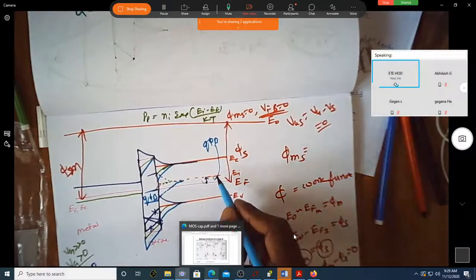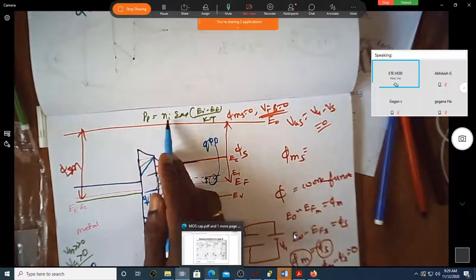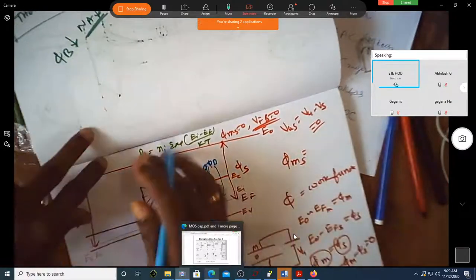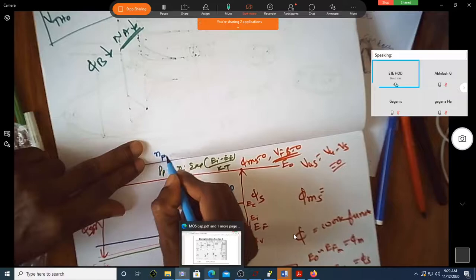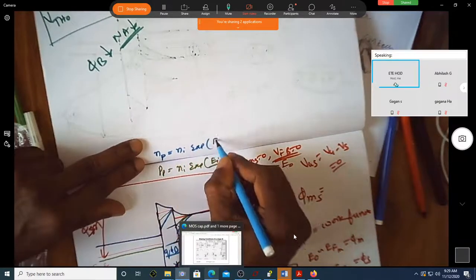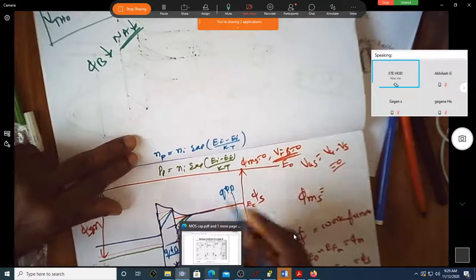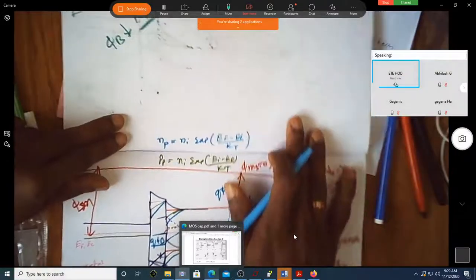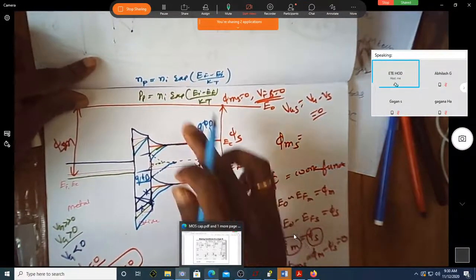Correct? What is the number of holes here? This much. Now similarly, can I write the number of electrons in the p type as equal to Ni exponential of EF minus EI by KT? Can you tell me what is the number of electrons in the bulk as per this equation?